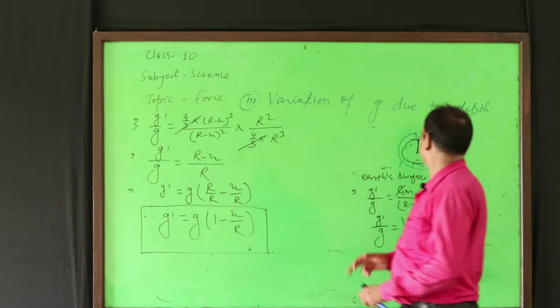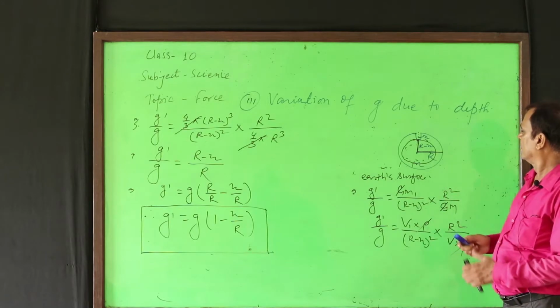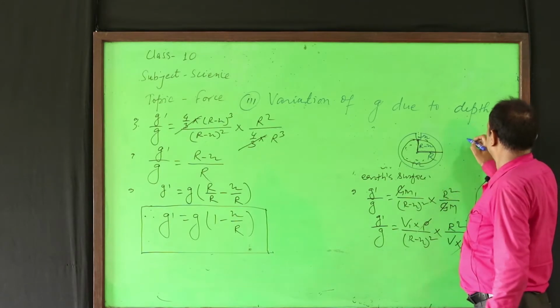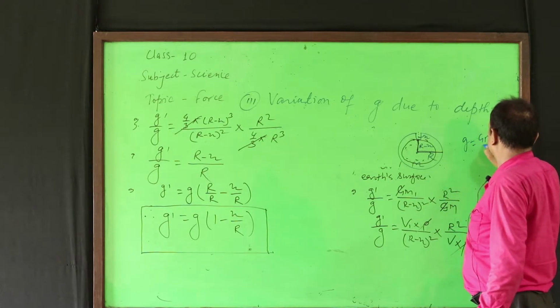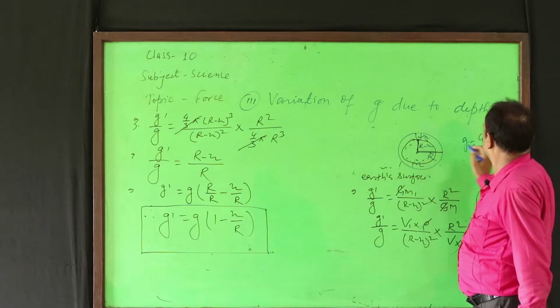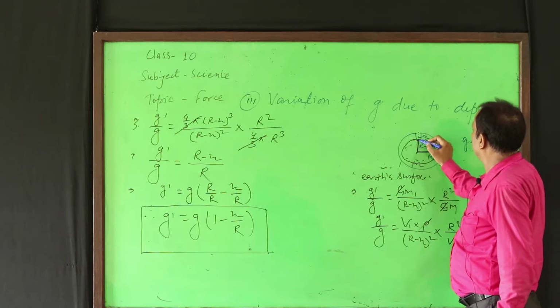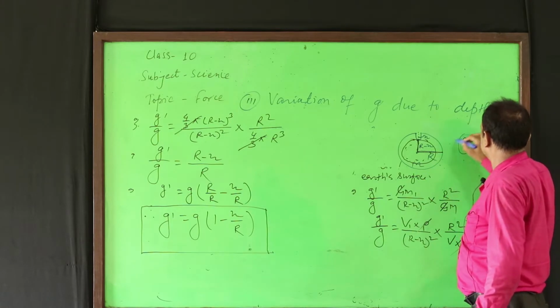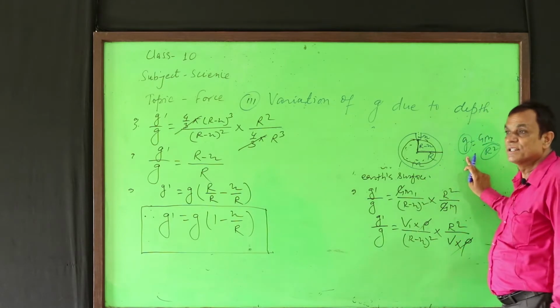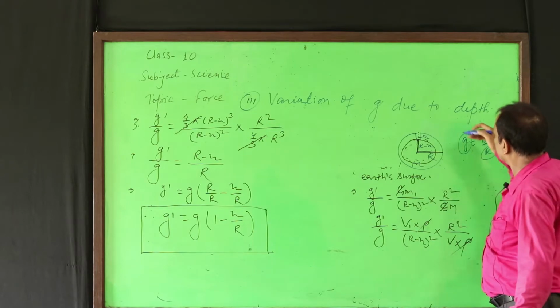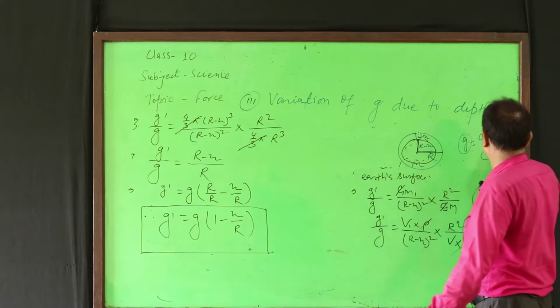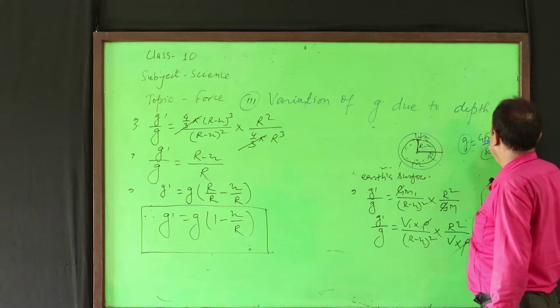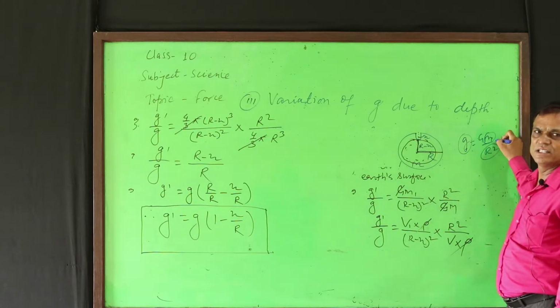And in another way, we can say here, we know that g equal to GM by r square. As this r becomes less, the value of g must increase, but it instead decreases, because acceleration due to gravity is directly proportional to the mass of the planet or the earth.